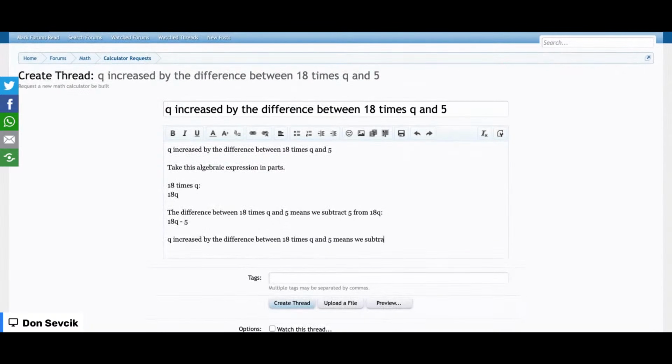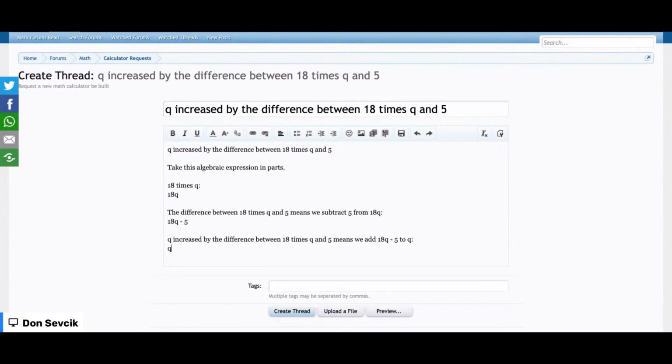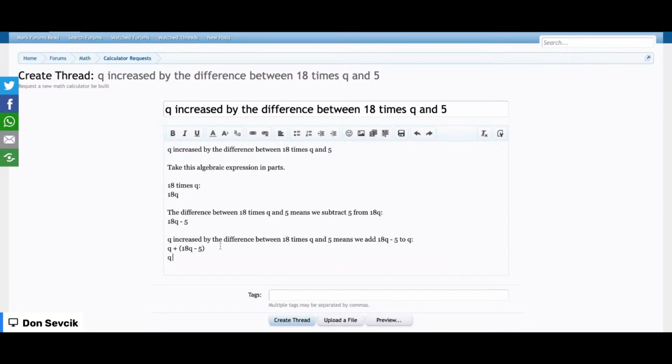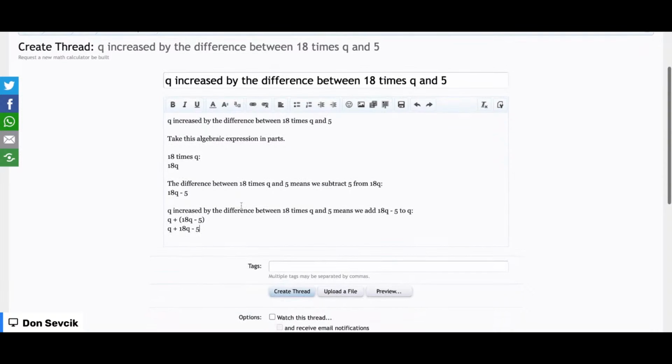We subtract, or I'm sorry, add 18Q minus 5 to Q. We have to do the parentheses because we are adding an entire term. But because we're adding it, 18Q minus 5. We can do that.